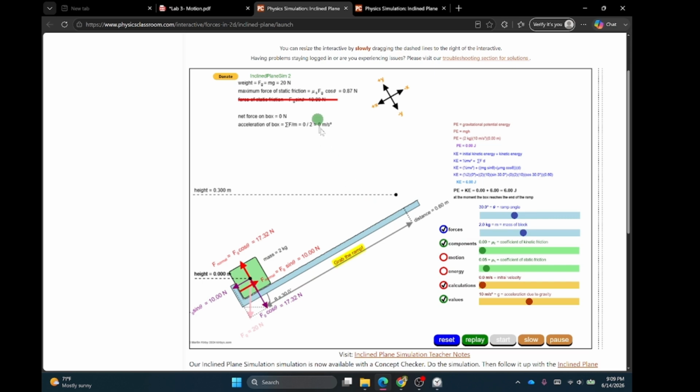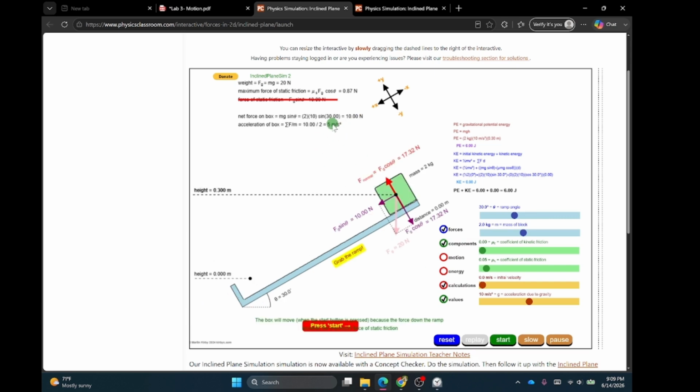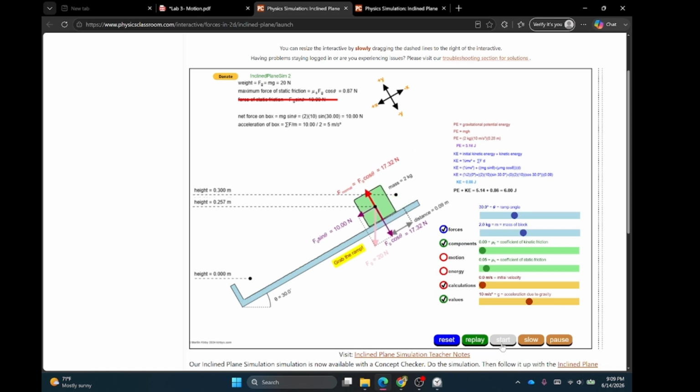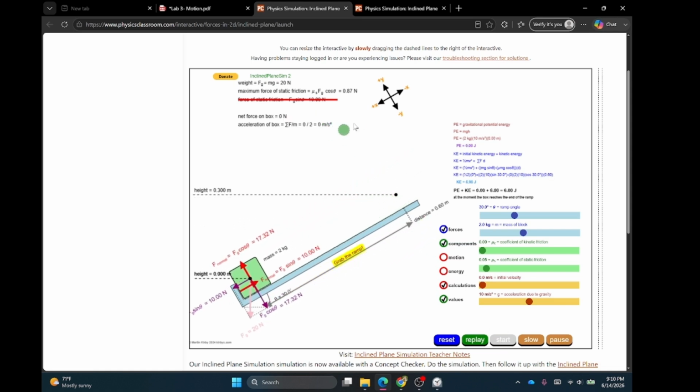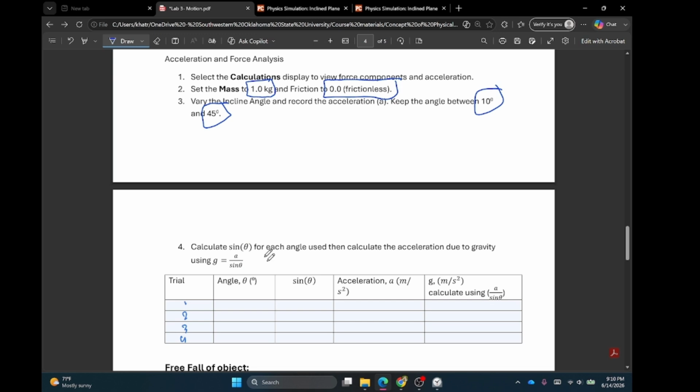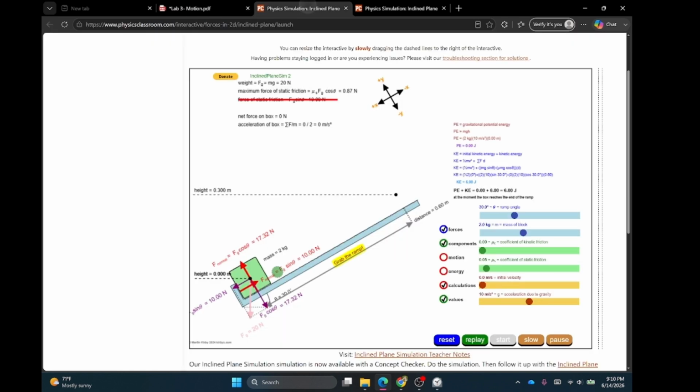Okay, if you remember, when I did this, the acceleration is shown here. You can use this acceleration. Oh, it's still 5 meters per second squared. So the acceleration is 5 meters per second squared. Then what was the angle?